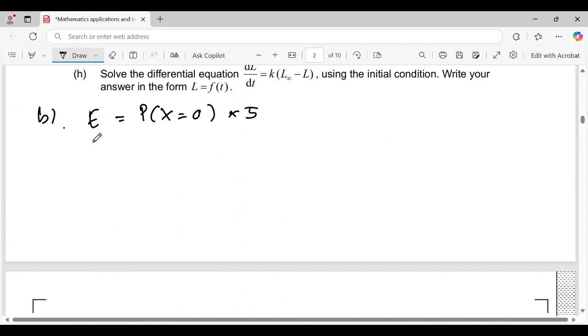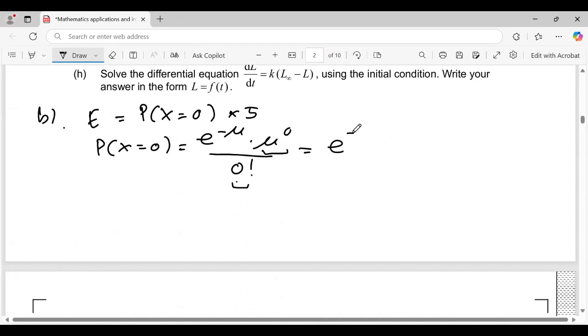So the probability based on a Poisson distribution, x equals 0, equals e to the power minus mu times mu to the power 0 over 0 factorial. 0 factorial is 1, and mu to the power 0 is also 1. So it means e to the power minus 2.88, and if you calculate, the result is 0.0561346.